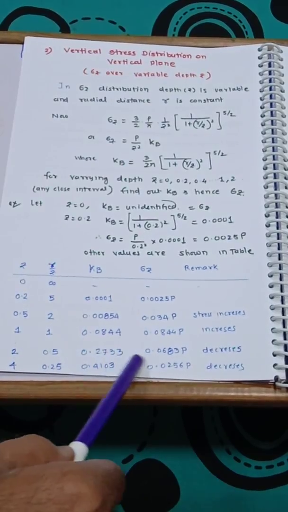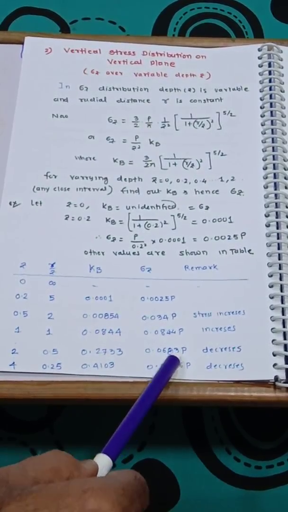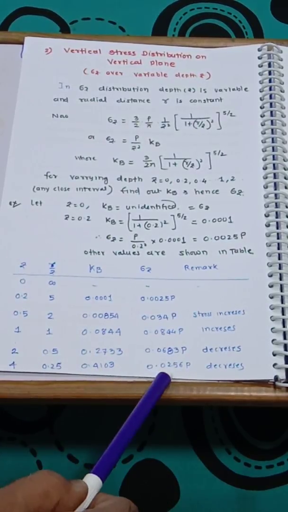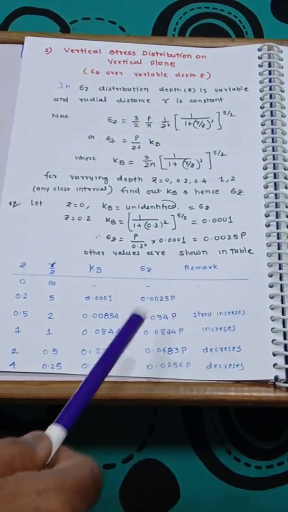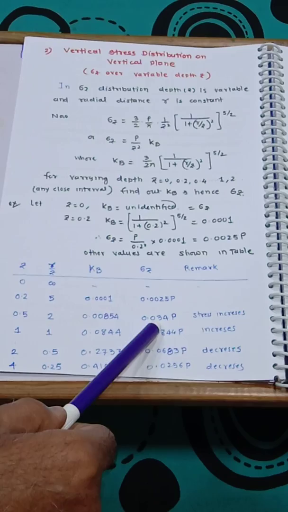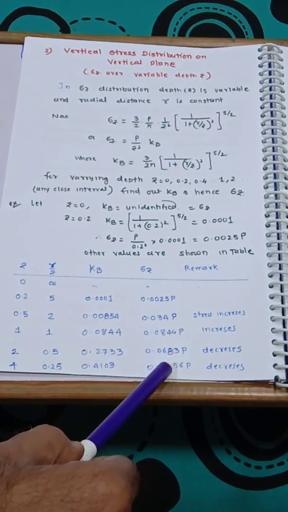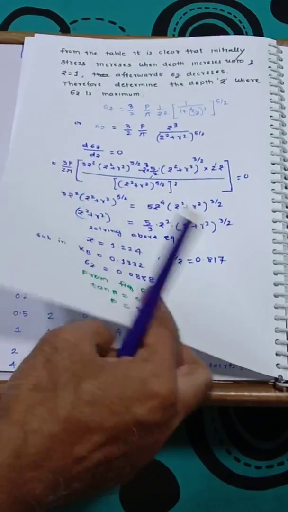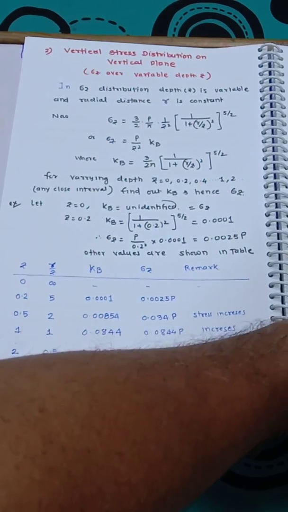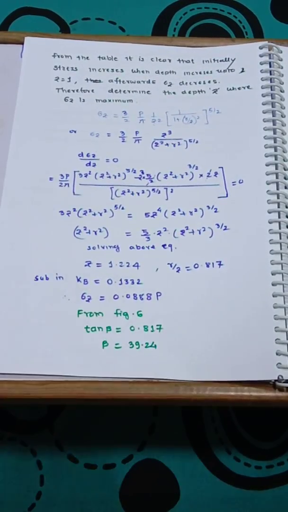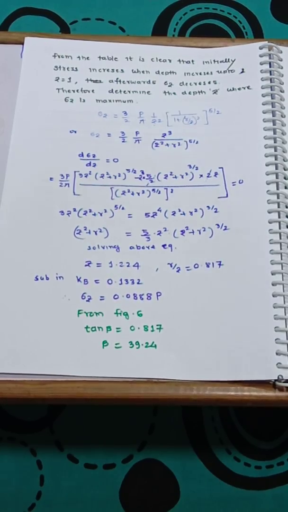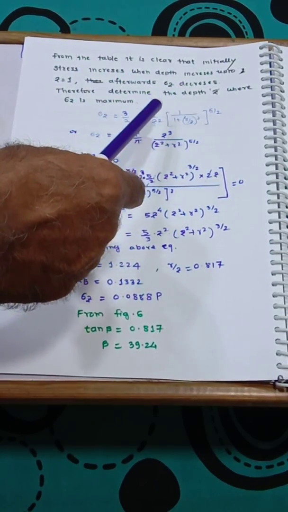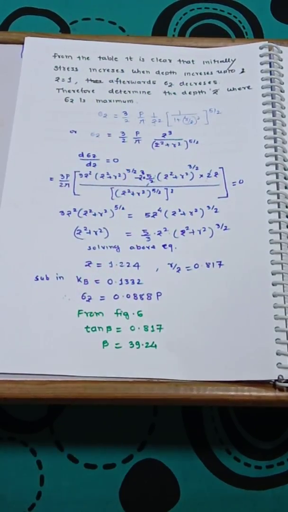For z equal to 2, you'll find the stress decreases, 0.0683, and for 4, 0.0256, a drastic decrease. So first the stress increases, somewhere it is maximum, and then it decreases. We'll find the point where it is maximum; as we discussed earlier, between z equal to 1 and z equal to 2, the sigma z value is maximum.